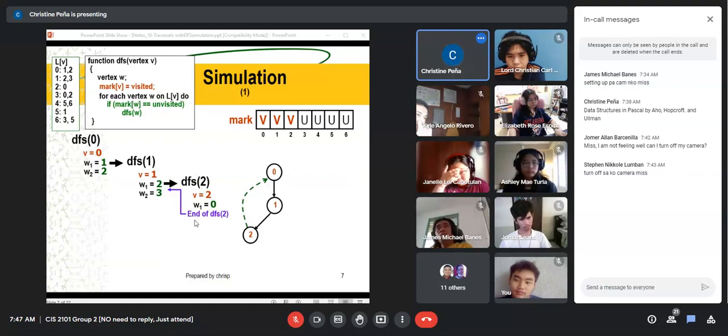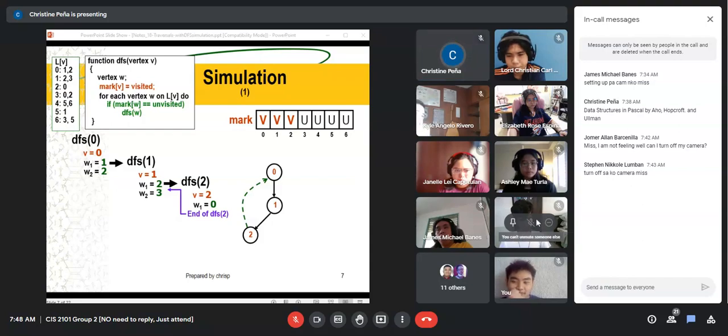So the third call ends and it resumes to the second call. In the second call, what is left is 3 here. So we go back to the green colored statement: is mark 3 unvisited, which is true.